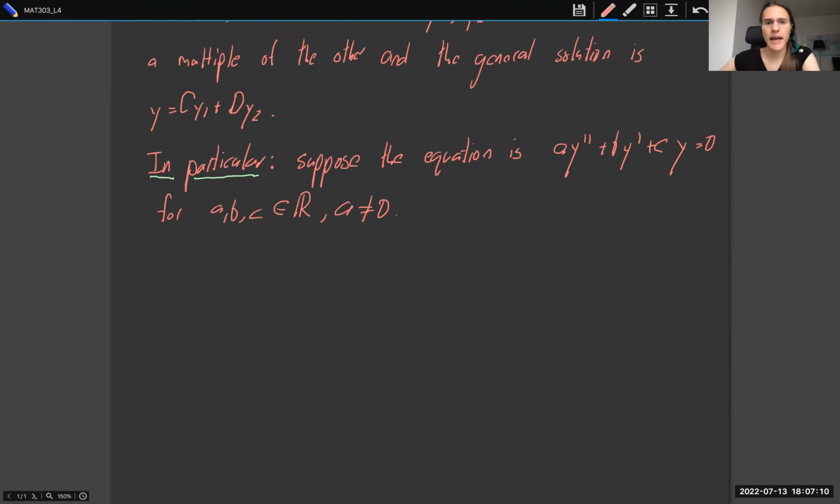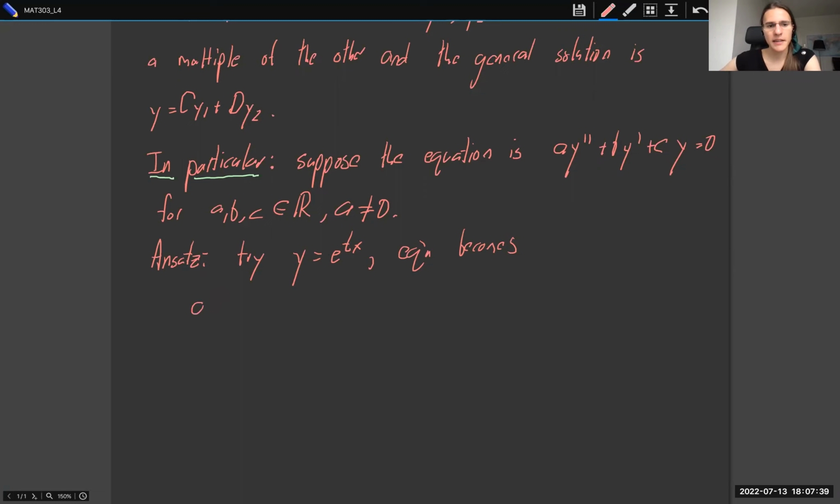Then we had the ansatz last time: try y = e^(tx). When we plug this in and differentiate e^(tx), we get a t outside, and that's just a number.